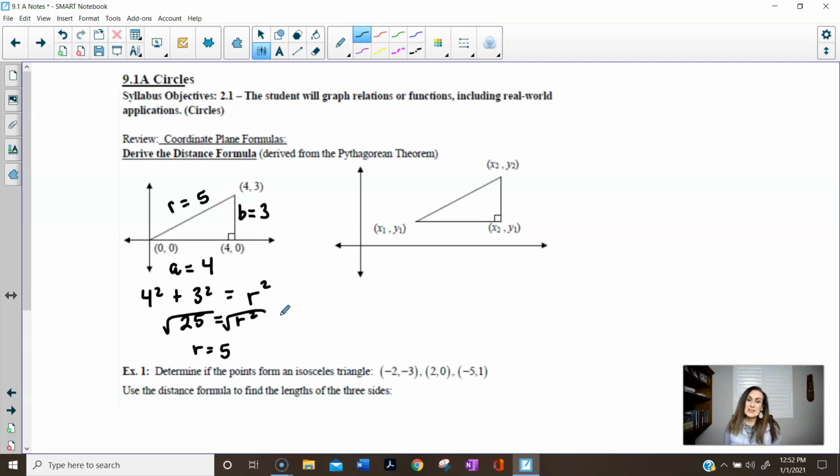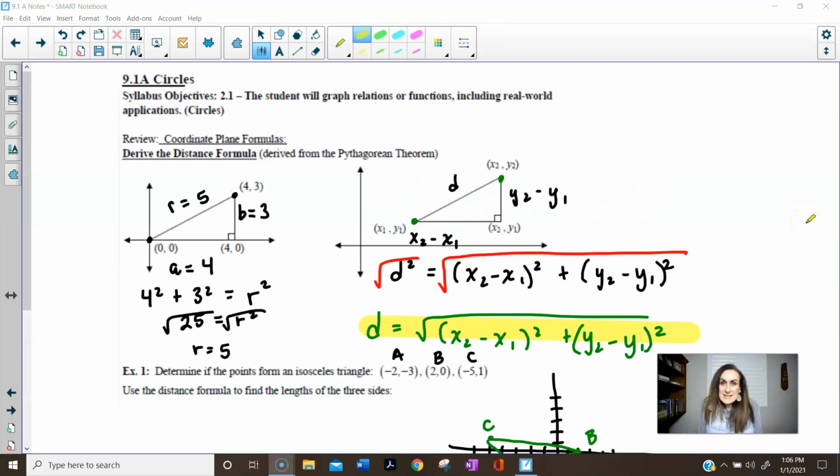But let's look at then how we come up with the distance formula when we are looking from the distance of here out to here. So in the second example, you're going to see that I'm deriving the distance formula, and I'm doing that by using the Pythagorean theorem again. So I used the variable d to stand for distance, and I'd be looking for the distance between this point and this point.